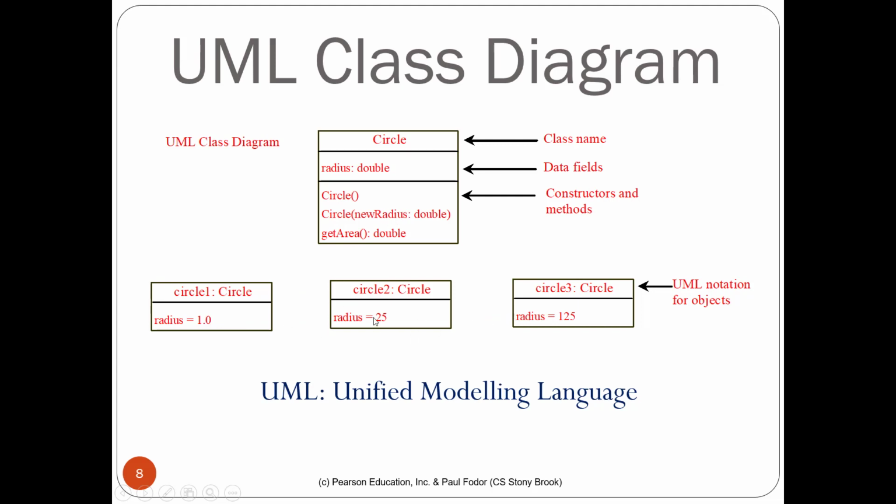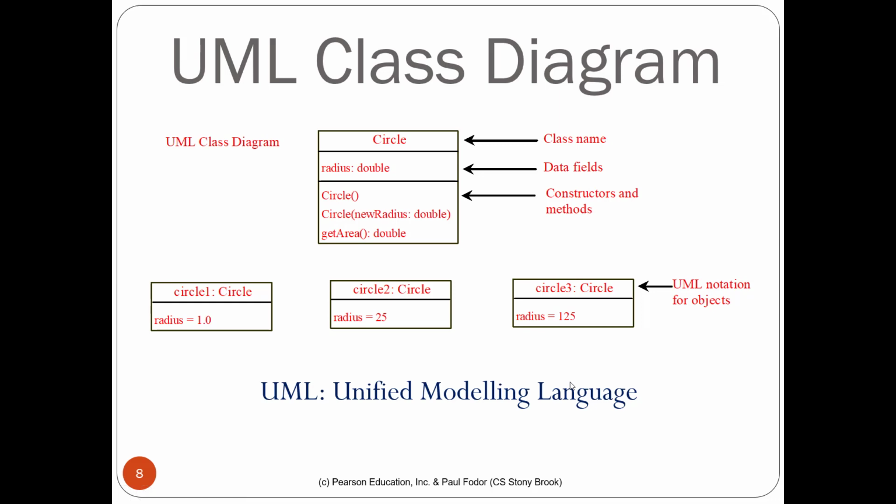The only thing which is different in these objects is their state. What is the state? The value of the radius. So the states are something that distinguishes different objects. State is something which is defined by the data fields. So the first circle has radius 1, the second circle has radius 25, the third circle has radius 125.